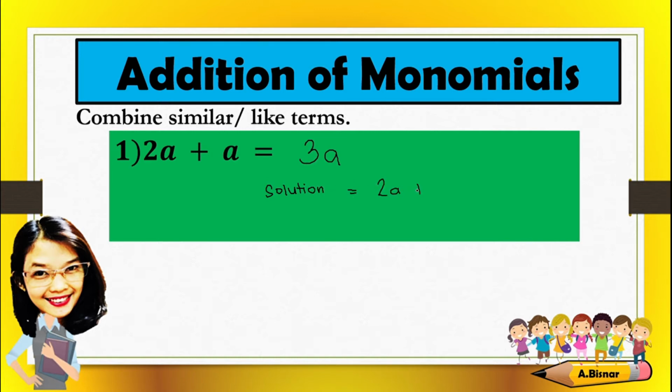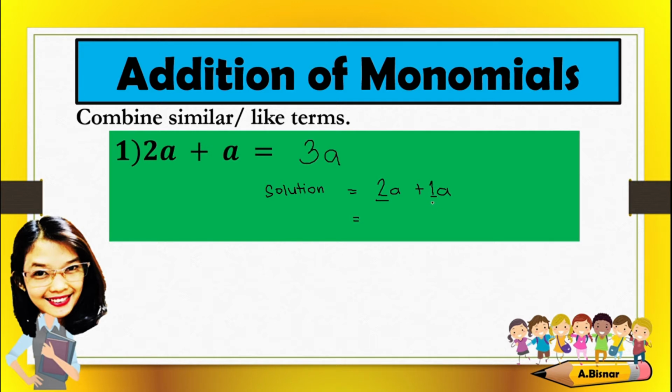2a plus a. In adding monomials, the first thing that you need to do is to add the numerical coefficient. In 2a, the numerical coefficient is 2. How about in a? As you observe, you didn't see any numerical coefficient, but there is one in here.